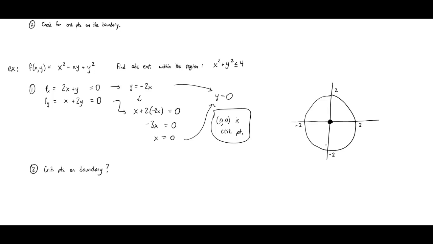So our boundary is going to be this circle of radius 2, okay? And so one strategy for finding critical points on the boundary is, if you can, to parameterize it.